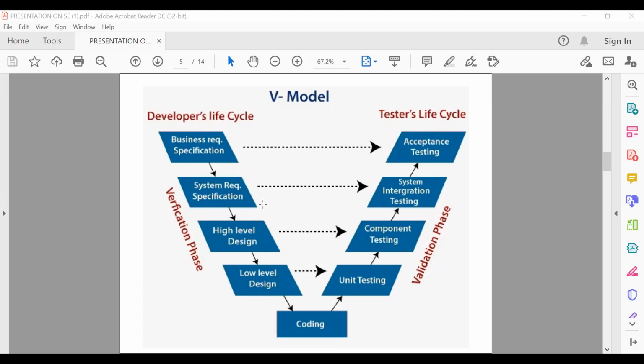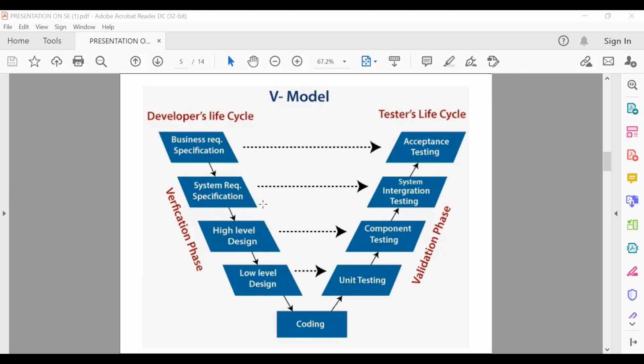Please repeat what low level is. It defines the actual logic for each and every component of the system. Actual logic means the software components needed for the software to be designed.